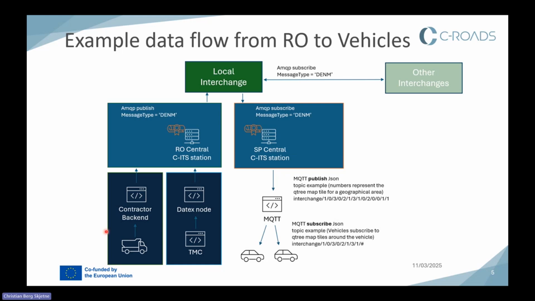So information is coming either from our contractors or from our traffic management systems. Then it's fed up to the central CITS station where the messages are turned into CITS messages and signed with our certificates. And then they are published as denim messages onto the interchange. And anyone who has a matching subscription, such as message type equals denim, will get this message.